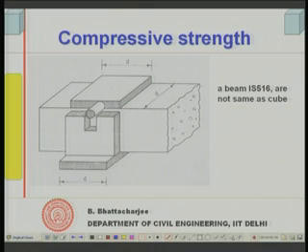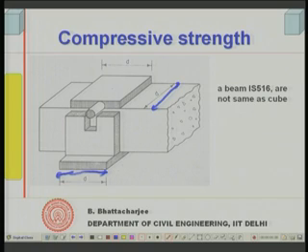So, you can see a load is applied on part of it. This length is D, this length is D, and this length is also D. So, all these dimensions are the same, it is almost like a cube, so you are testing this part of the beam for compression.